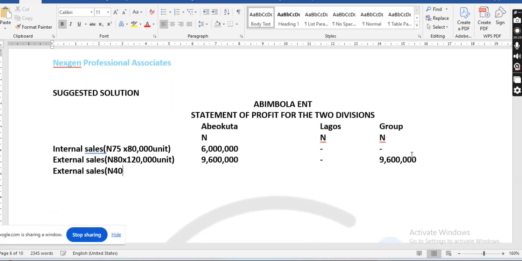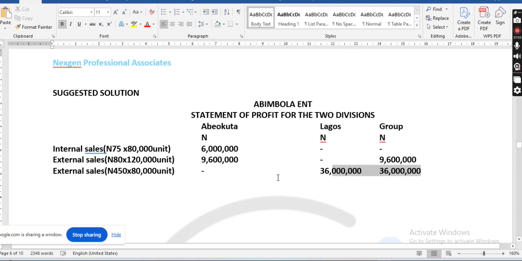So 450 times 80. So what do you have? Yeah, Esther, what do you have? 36 million. So we have it here as 36 million. So this is your sales.